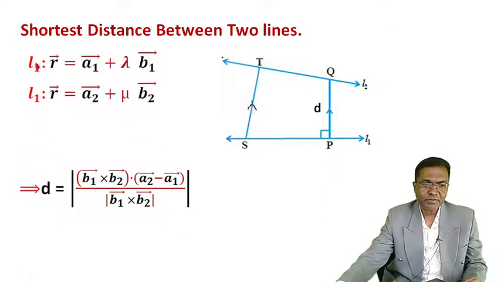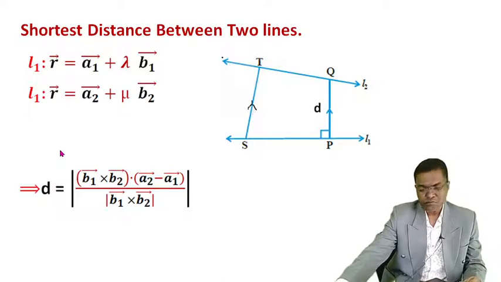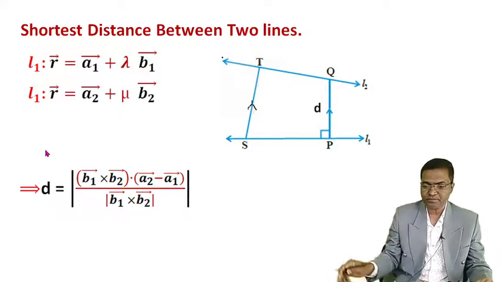Suppose the vector equations of these two lines L1 and L2 are in this form. I will be explaining once again. If these are the vector equations, then the distance between these two lines is given by this expression that we are going to prove in this session.